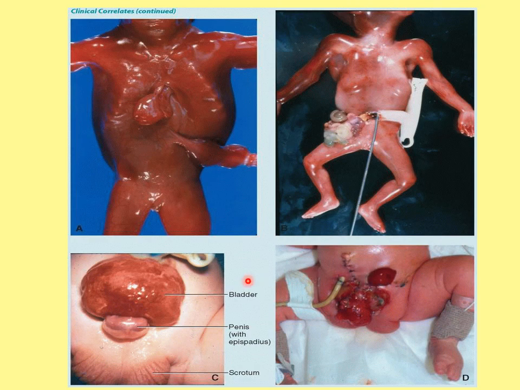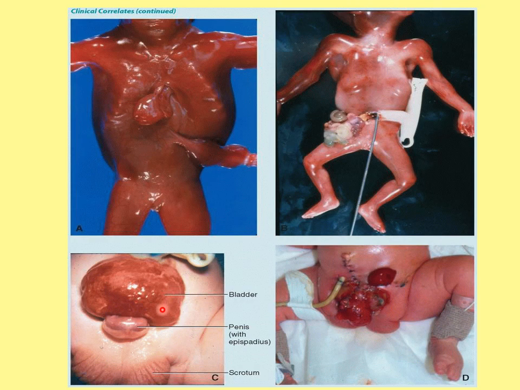Here you have seen this bladder exstrophy, and this is showing you the cloacal exstrophy. This is again because of the failure in the anterior abdominal wall closure in the pelvic region, and this is a less severe defect which can be repaired by surgery. They can be corrected.